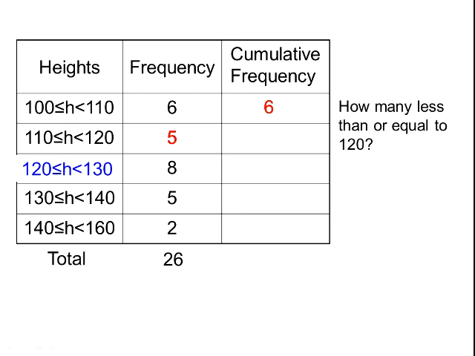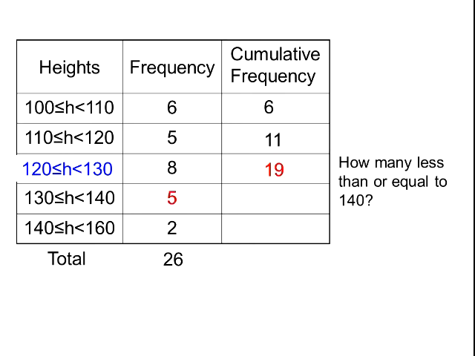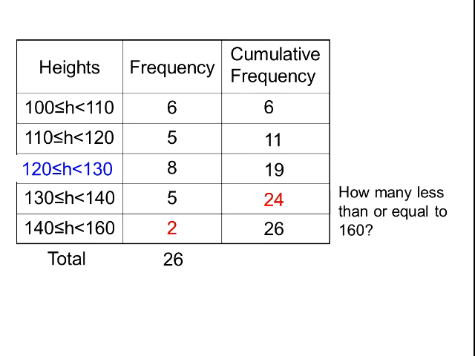Well, that was these 5 and also the 6 from before. So you can see we are accumulating, adding these together to make 11. Now, how many were less than 130? Well, it's the 11 from before plus this new 8, which is 19. And this process keeps going on, so 19 add 5 and 24 add 2.